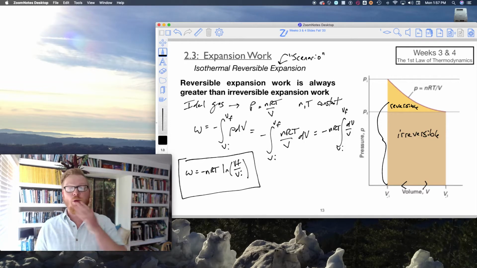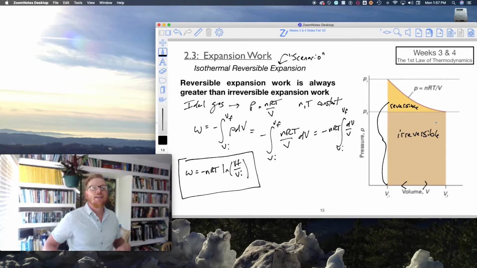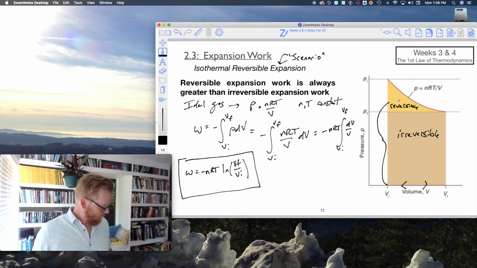It contains both of those areas, because it has to be the full area under the curve. So if I take the whole area under the curve, not only do I have this chunk, but I also have this chunk too. So doing expansion work reversibly not only has the quantity of work that would be there if it were irreversible, but it contains an extra quantity needed to ensure that it be reversible. So it follows that reversible expansion work is always greater than irreversible expansion work, all right?